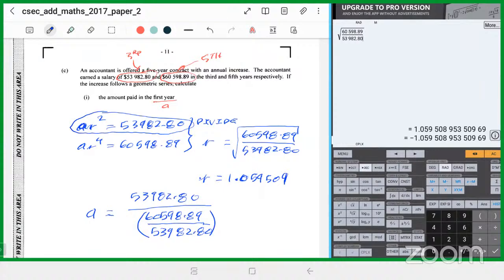If you square that, then you get an r to the fourth power in this and an a squared. And then when you divide them, the r to the fourth will cancel the r to the fourth, and the a will cancel that a there. That is what this calculation is showing us.